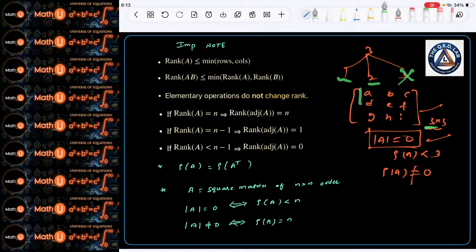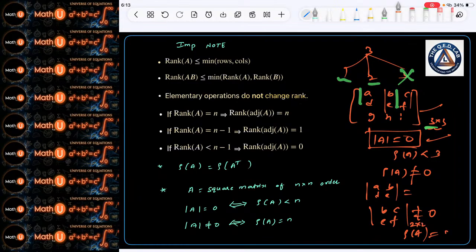You should find the determinants of these submatrices. If any of these 2 by 2 matrices has a determinant not equal to 0, then the rank of that matrix is equal to 2.